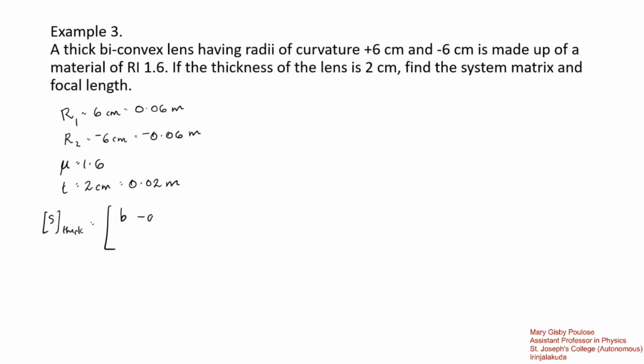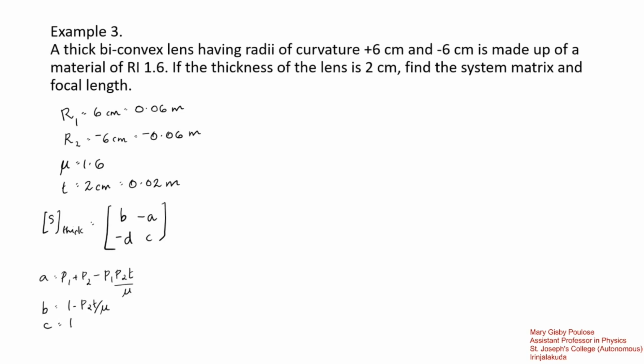Now, by formula, the system matrix of a thick lens is given as, in Gauss constants, matrix B minus A minus D C, where A is given as P1 plus P2 minus P1 P2 T by mu. B is given as 1 minus P2 T by mu.